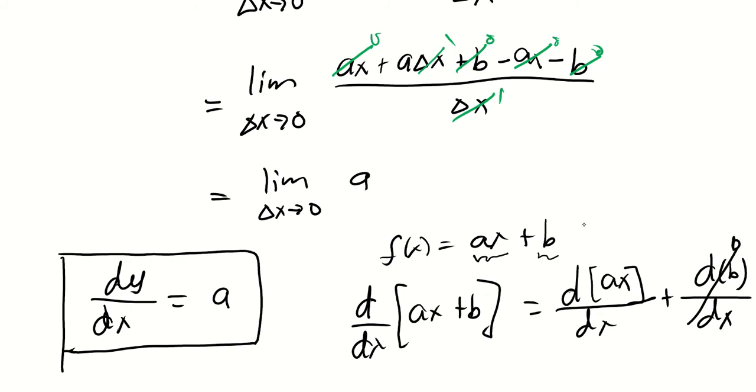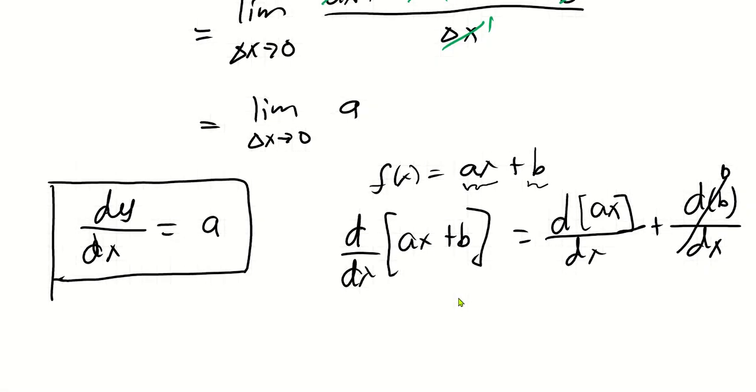So this means that the derivative of ax plus b is the same as the derivative of ax, which is equal to the constant a.